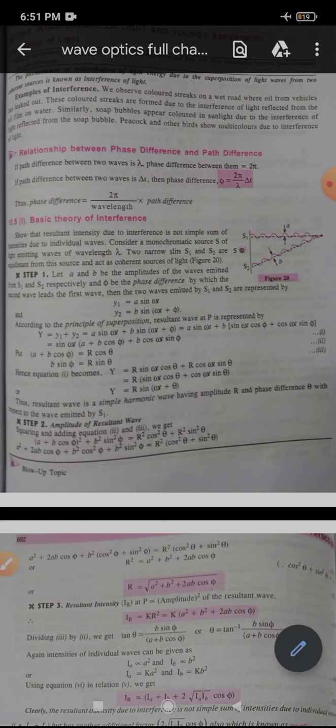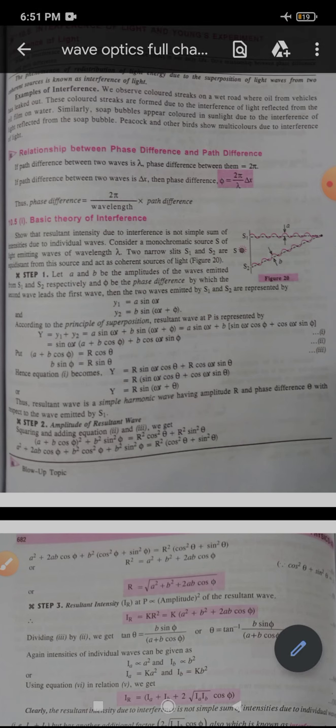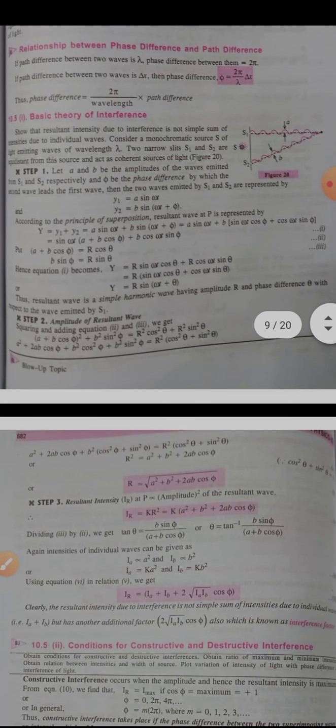Then the phase difference phi is equal to 2 pi by lambda into delta x. Here 2 pi is the phase difference for one wavelength, lambda is the wavelength, and delta x is the path difference. This is the relationship between phase difference and path difference.